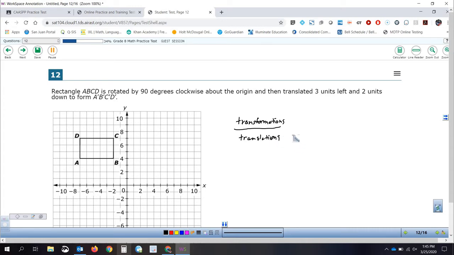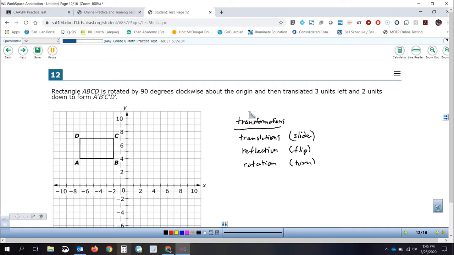Translation is another word for a slide, or a slide is another word for a translation. And then we have a reflection, and we often refer to a reflection as a flip. And finally, we have a rotation, and a rotation is a turn.